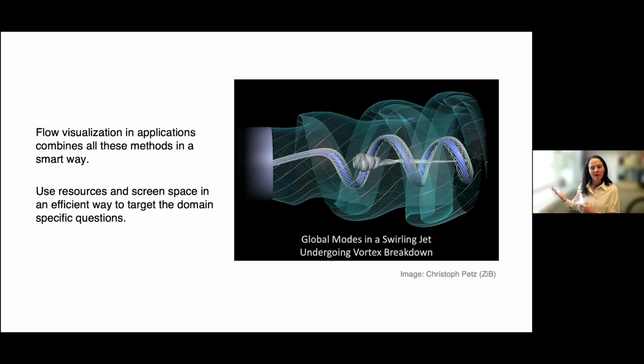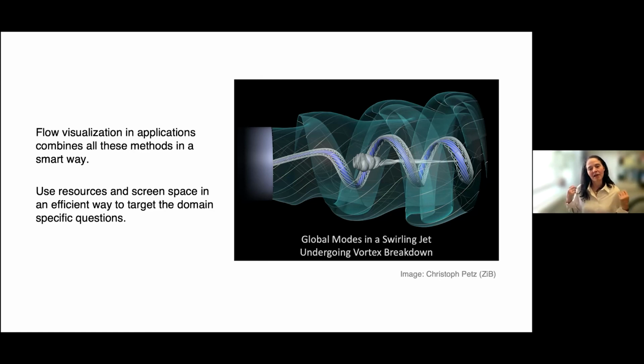We have streak surfaces, we have path lines, we have even an isosurface rendering of a backflow, combining all important flow features in this flow. This is nothing that can happen automatically. So here you have to have a lot of domain knowledge to generate a picture like this.